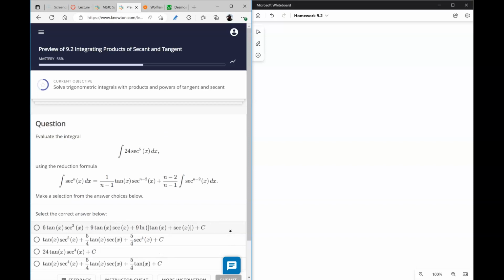So this is number 4, and here we are asked to use the reduction formula a few times, which is good. You should be able to apply the reduction formula, and the reduction formula tells us what. So I'm going to copy it over here.